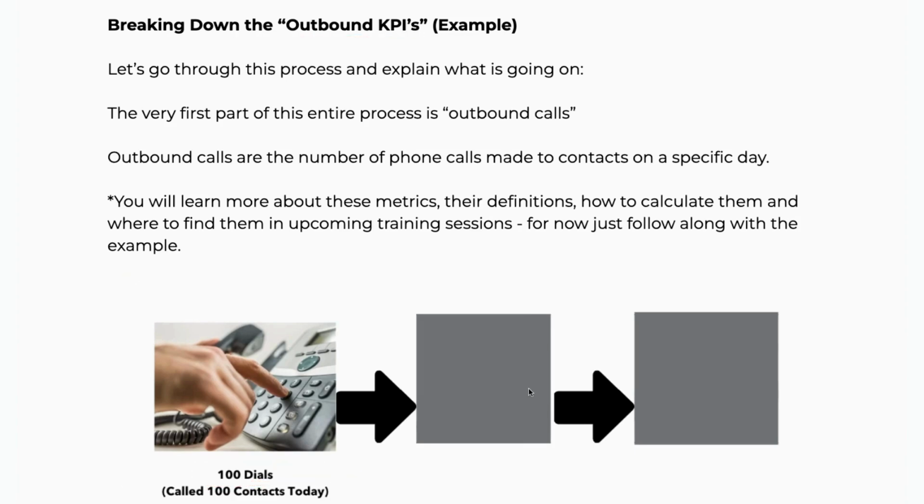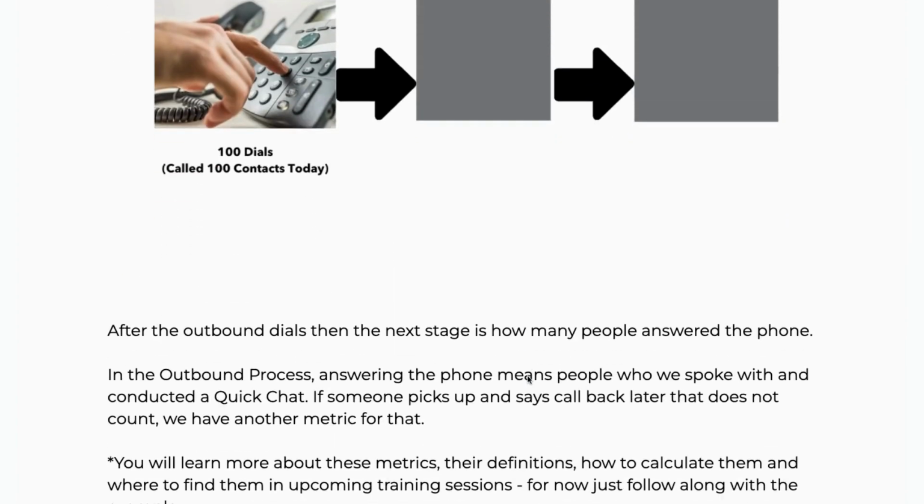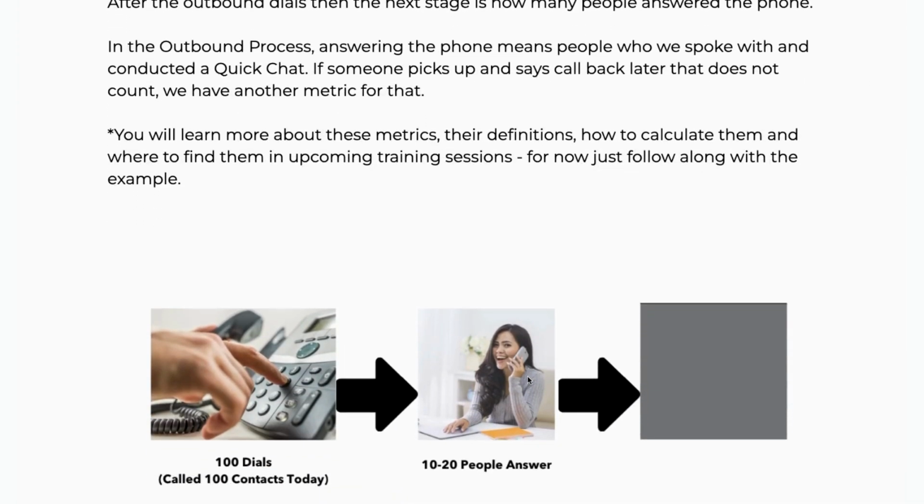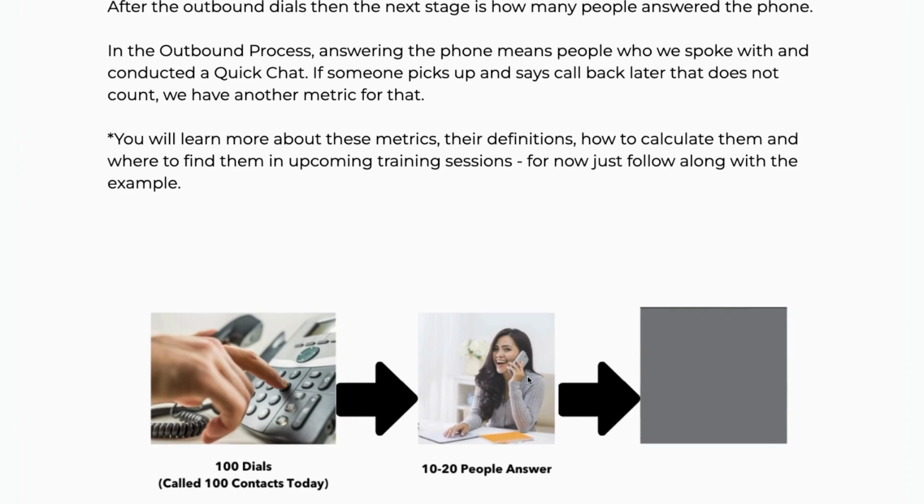After we've done the outbound dials, the next stage is how many people have actually answered the phone. We called a whole bunch of people. How many actually answered? In the outbound process, answering the phone means how many people we actually spoke with. This can get a little confusing, because somebody could answer the phone but not do a quick chat with you, or answer and do a quick chat.